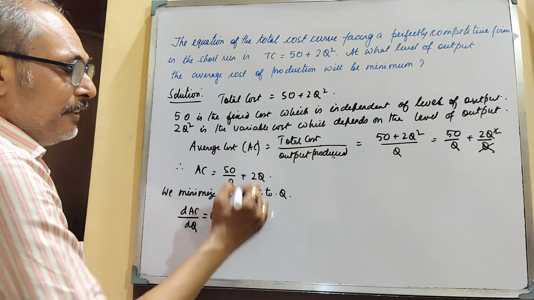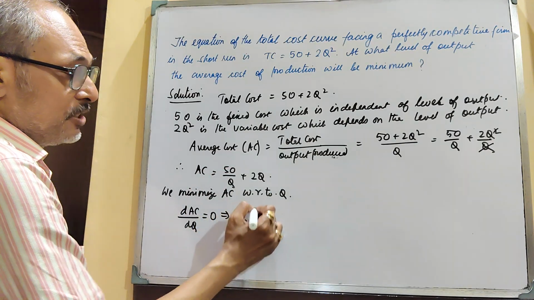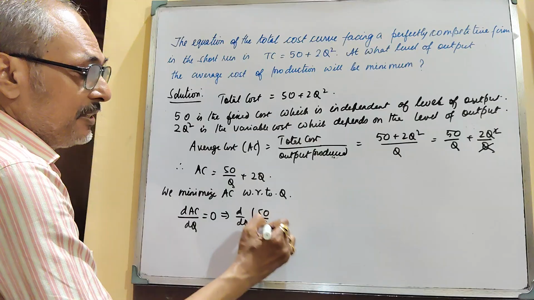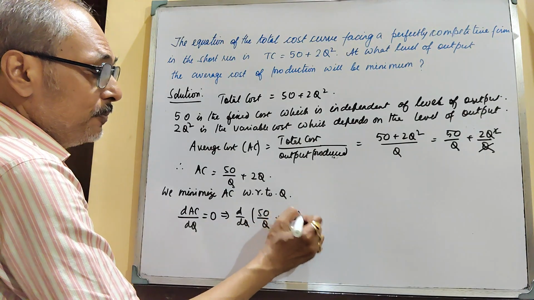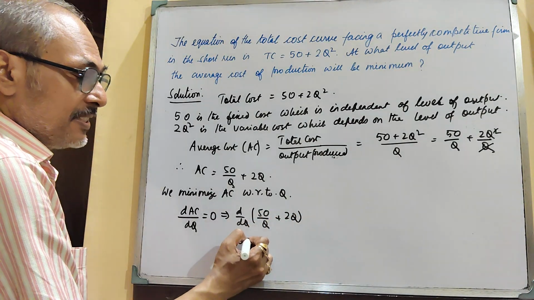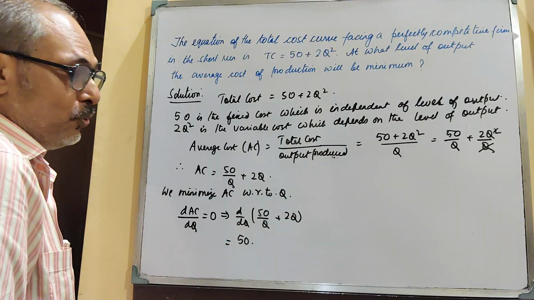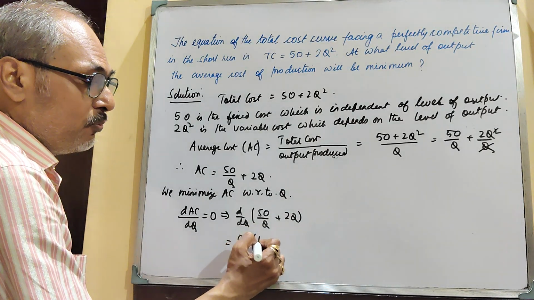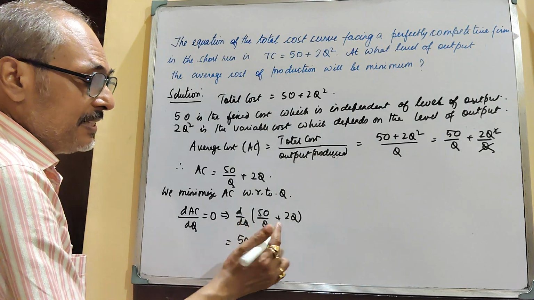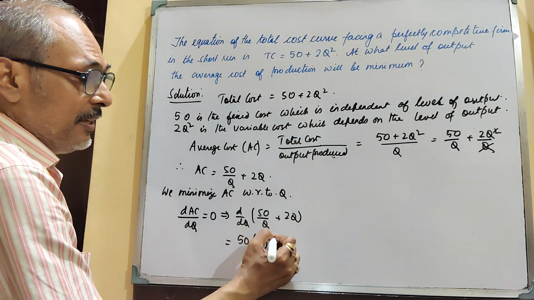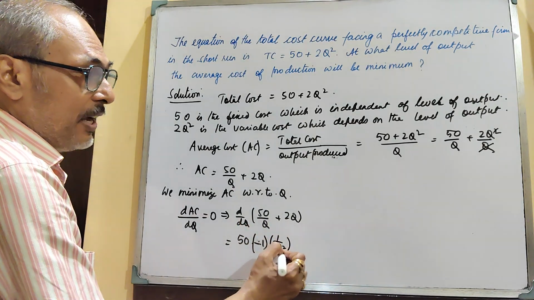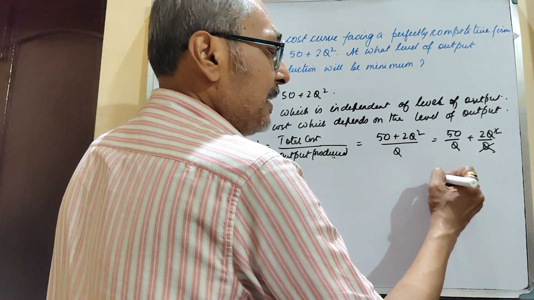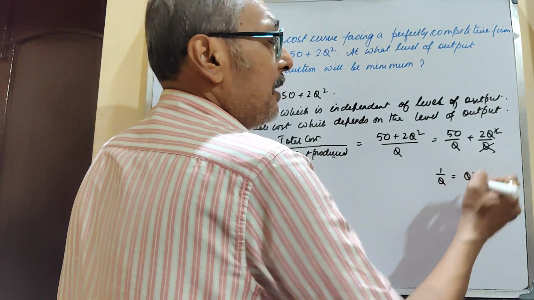This implies if we differentiate AC with respect to Q, that is 50 by Q plus 2Q. 50 is constant, and the differentiation of 1 by Q is minus 1 by Q squared. That is, 1 by Q is Q to the power minus 1.